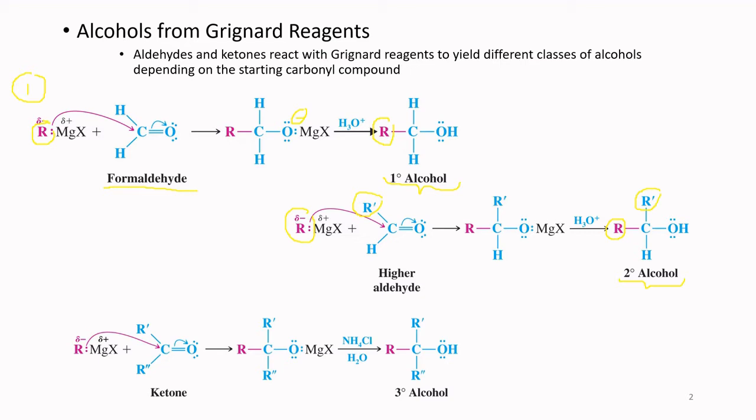And if you look at the third example here, the starting material that we use is a ketone. We know that a ketone has two R groups, which are the R prime group and the R double prime group. So when we react this ketone with Grignard reagent, what we will get is a tertiary alcohol which has R group, R prime group, and R double prime group.